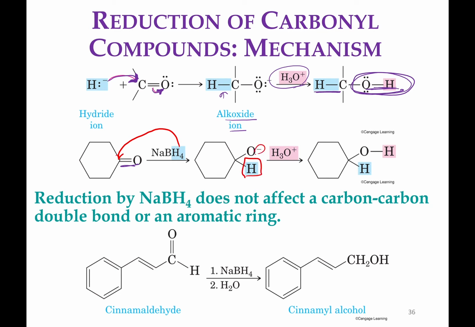We now have an O minus. It's got that extra pair of electrons that we saw here. And then it's going to take that extra hydrogen from water and add it to form the alcohol. Pretty simplistic, but it does not affect any of the other double bonds that are around. It's only selective to that carbonyl compound.